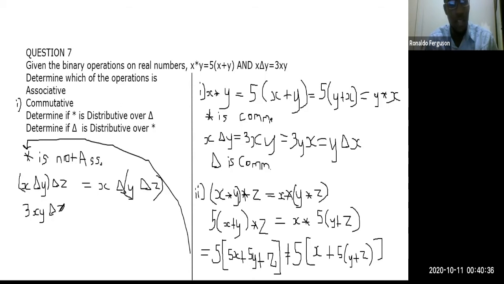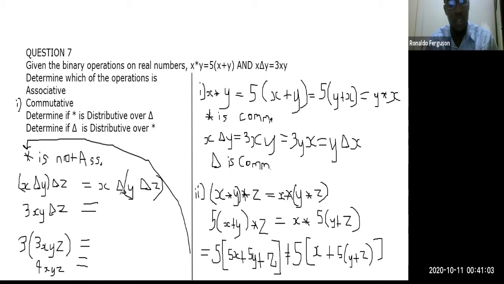Now 3xy delta z is going to work out to be 3 times the product of these two numbers. So it works out to be 3 times the product, 3xyz. And so the final answer works out to be 9xyz. Now what are we going to get over this side?